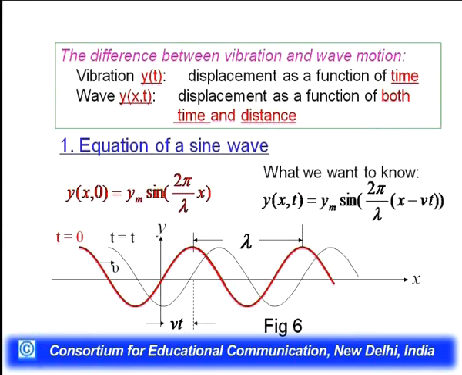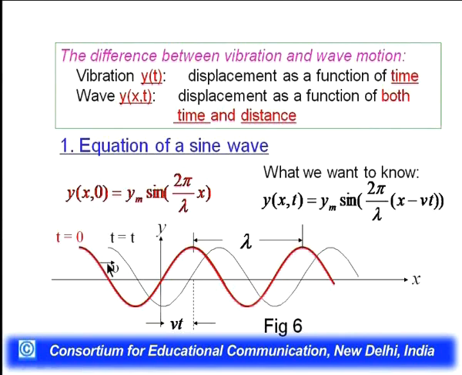This is a simple equation of the sine wave, where this is the displacement and this is the amplitude: y_m sin(2 pi by lambda x). Now, here we see t is equal to t.